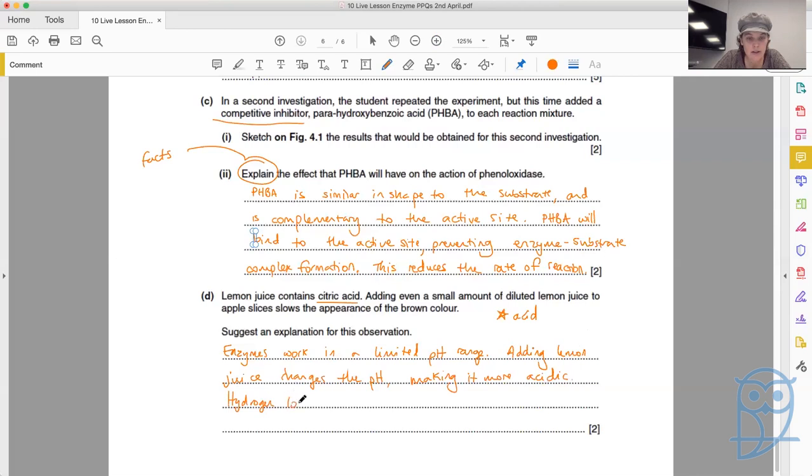Hydrogen ions interfere with our charge-based bonds, so hydrogen and ionic bonds in the enzyme, changing the shape of the active site.